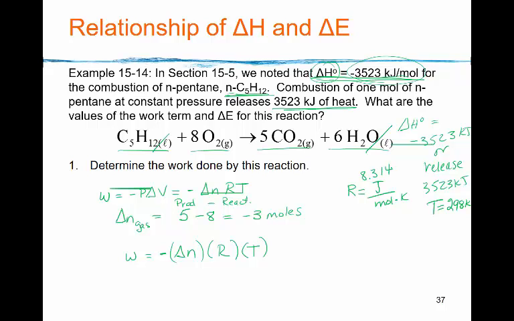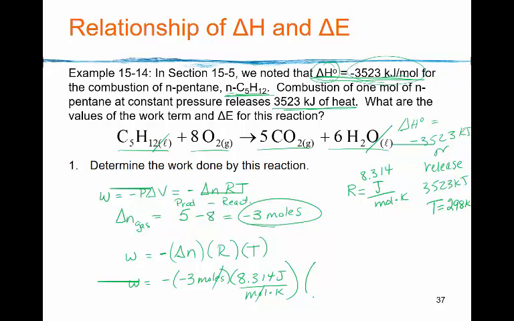Once we know our change in moles, the work is equal to the negative of the minus 3 moles times 8.314 joules per mole K. What else do I have to get rid of?